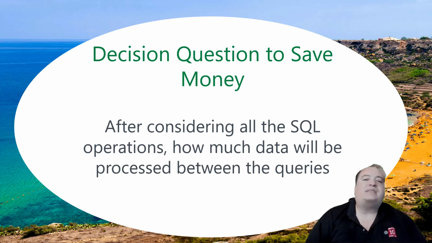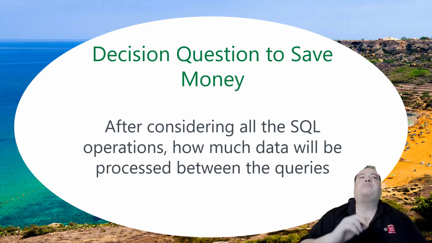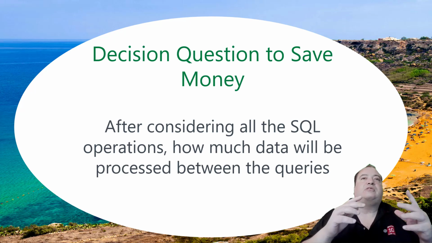Considering all this, what's the decision question we need to answer to save money? After considering all the SQL operations, how much data will be processed between the SQL operations?